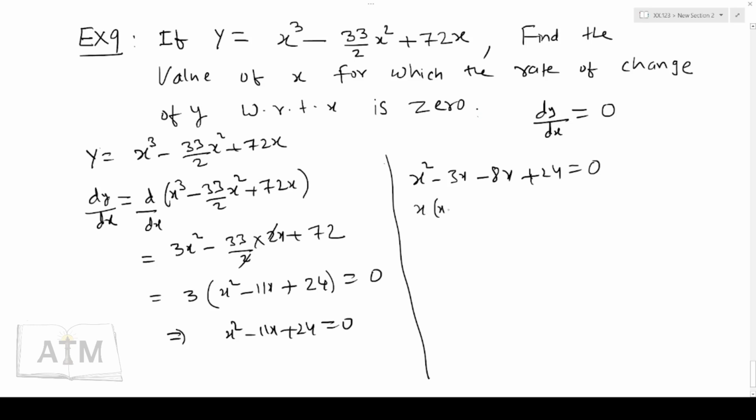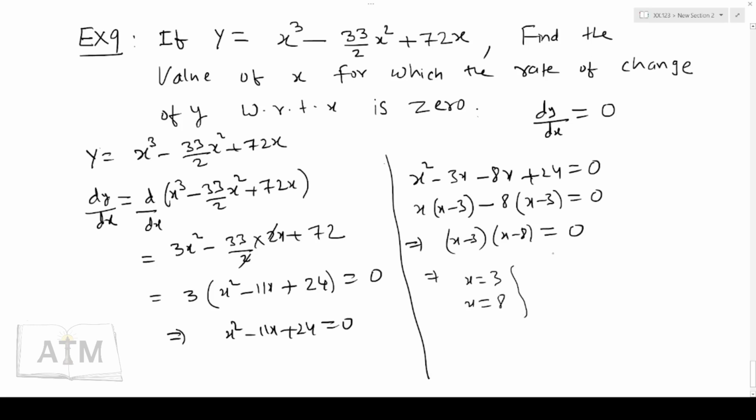So taking x common, x minus 3, taking minus 8 common, x minus 3 equals 0, implies x minus 3 into x minus 8 equals 0, implies x equals 3 and x equals 8. Therefore, the rate of change of y with respect to x becomes 0 when x equals 3 and x equals 8. So this is the solution.